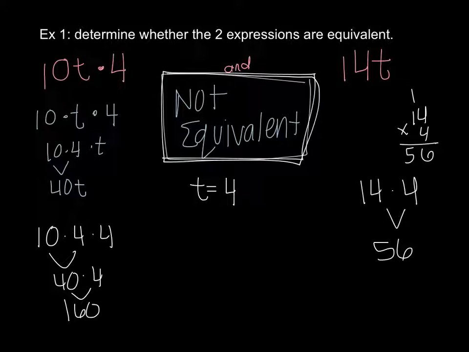I just want to tell you again that the two ways of doing this are you can use the properties like I did in the first way to rearrange until you have similar expressions that you can compare, or you can do guess and check, pick a number for your variable, put it into both expressions, and if you get the same answer, they're equivalent. If you get different answers, they are not equivalent.